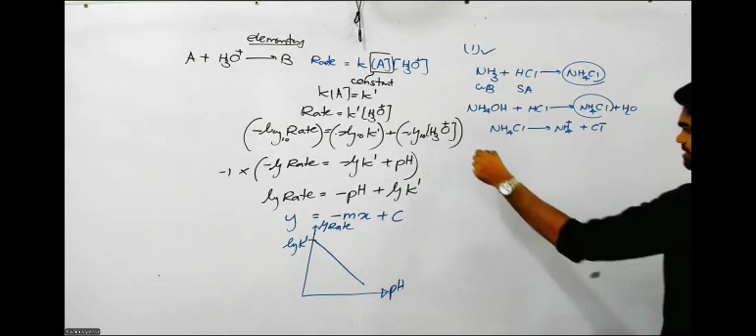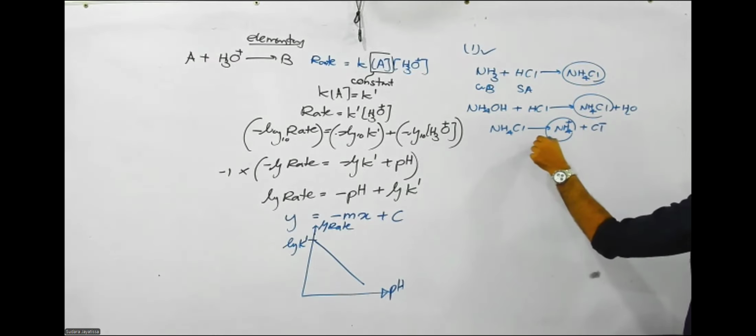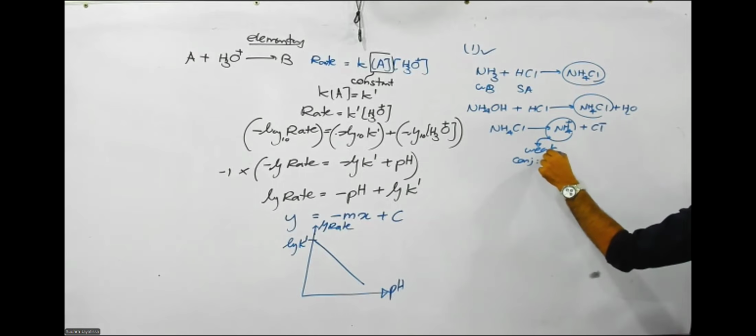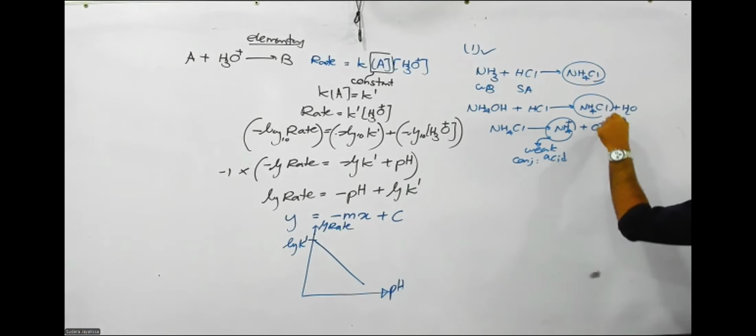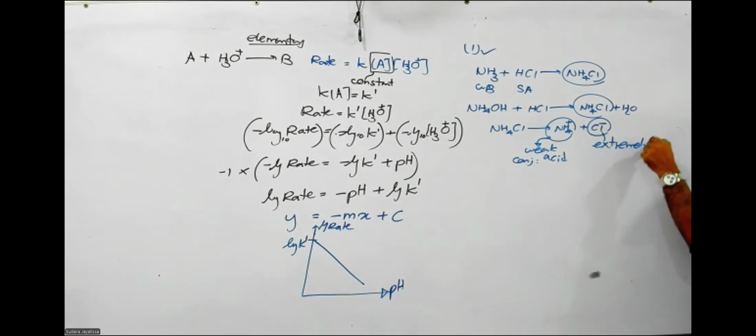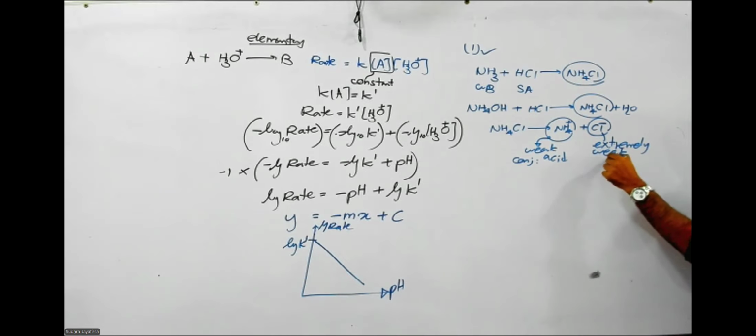This ammonium ion is a weak conjugate acid, but the chloride is an extremely weak conjugate base. Remember, this is how we label this. So this is neglected.